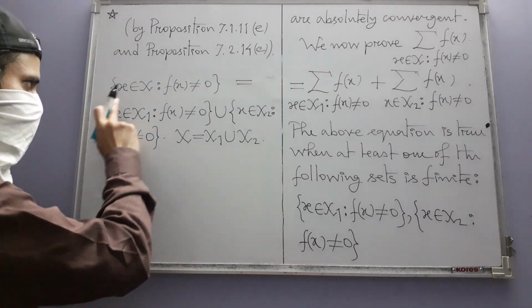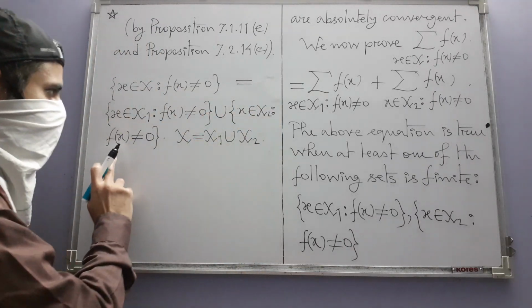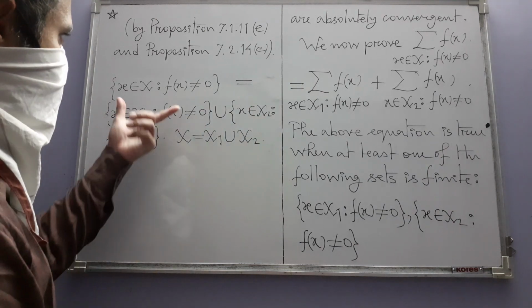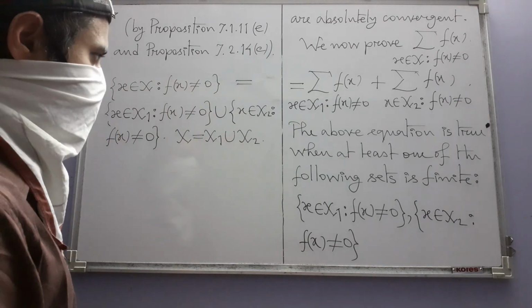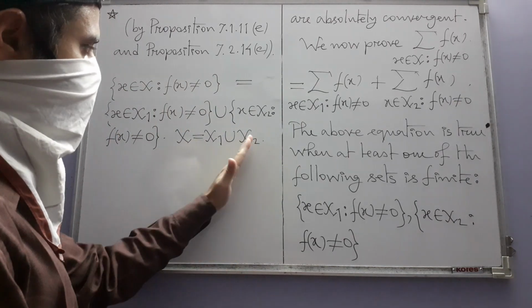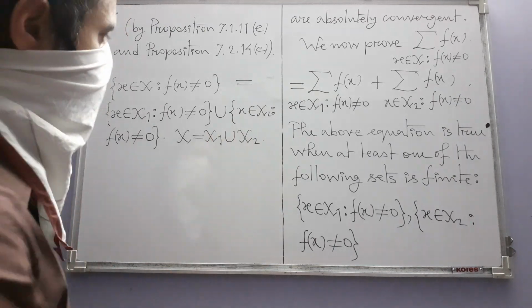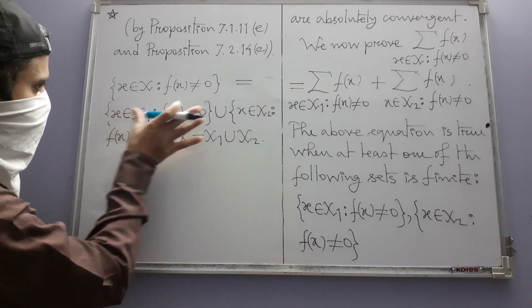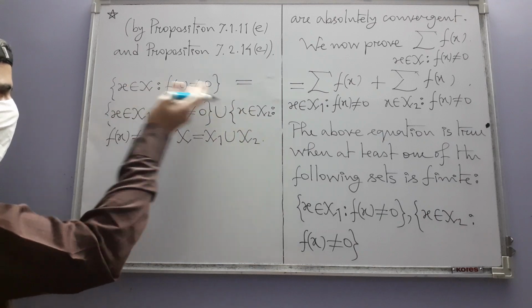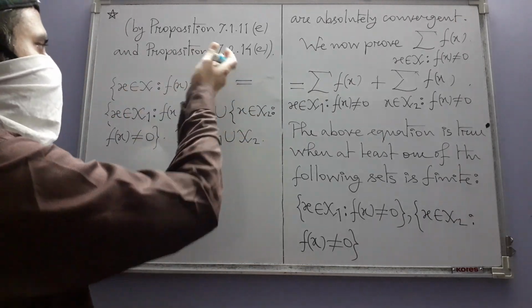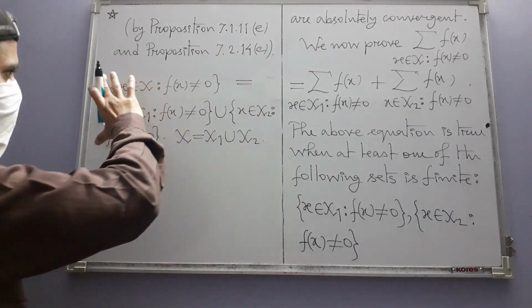So that means that element is either here or here, so that element belongs to this union. So this is a subset of this union, and conversely this is also a subset of this union, which is in fact easier to show because both these sets are, as you can clearly see, subsets of this set, so their union is also a subset of this set. So that's how you get this.